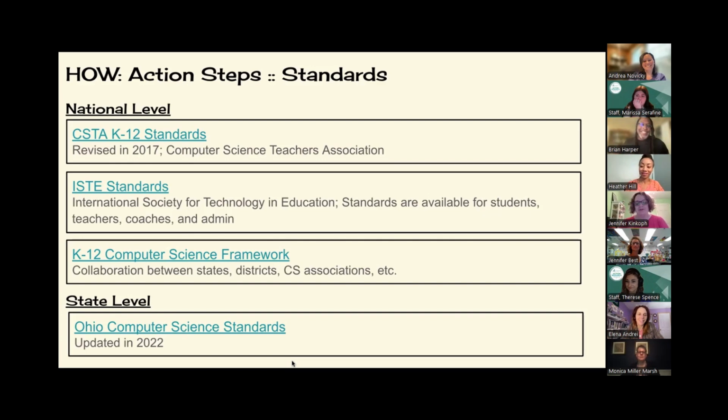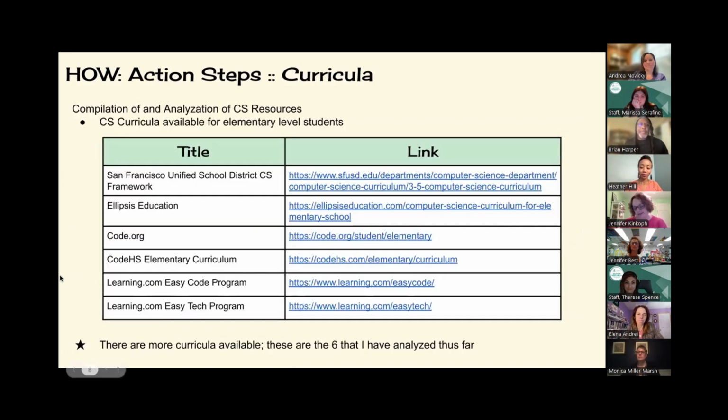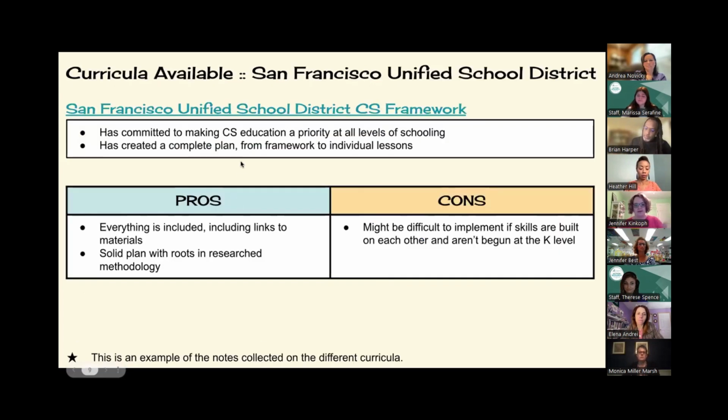So there's just so much that goes into it. One of the things I did after getting all these standards together is I started looking into what's available online right now, and there's so much. It was overwhelming, so it's been a slow process, but I started looking at the different curricula and analyzing, okay, what is great about this.